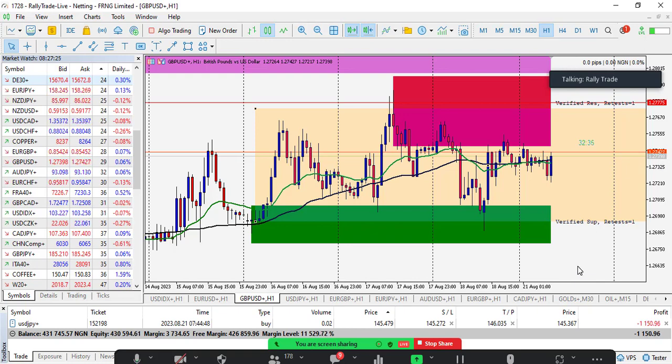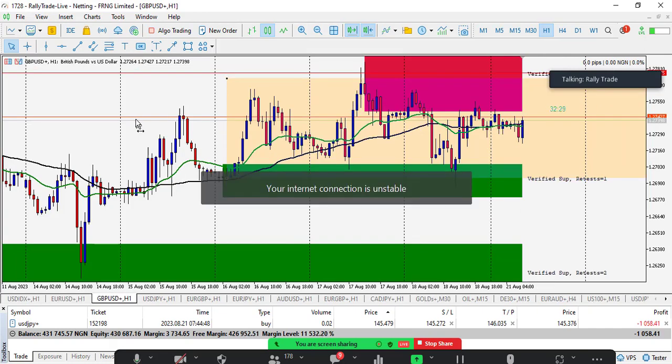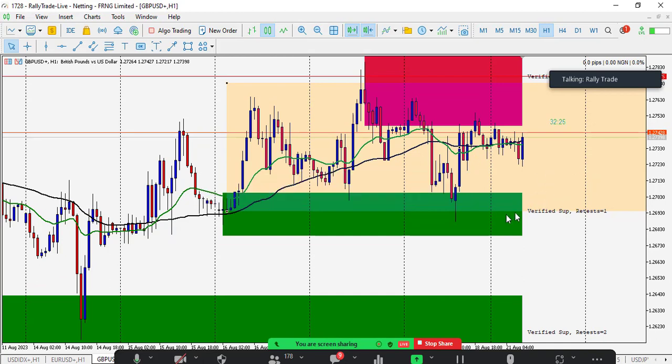So I would like to do a buy on this support or a sell at the resistance. But if you look carefully, the market is right now somewhere in the middle.